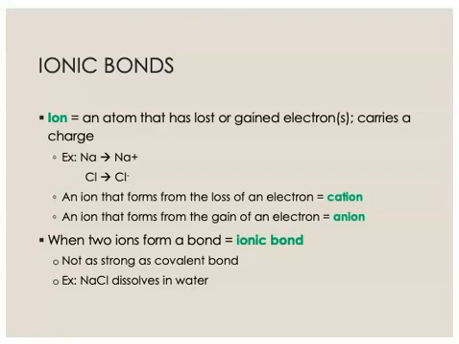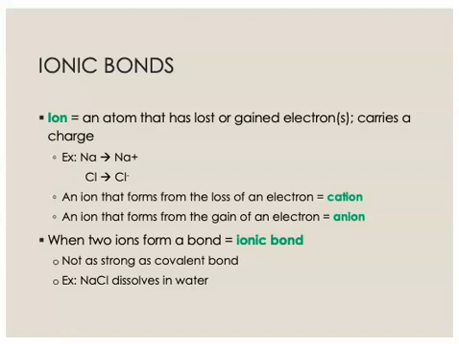Now, in addition to covalent bonds, there are several other types of chemical bonds that we need to be familiar with in biochemistry. The first of these is referred to as ionic bonds. Ionic bonds form between ions, and all an ion is, is an atom that has either lost or gained an electron.